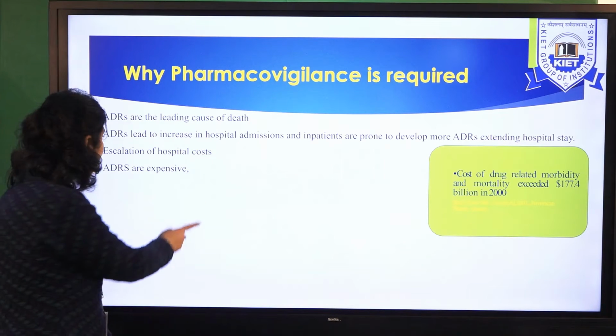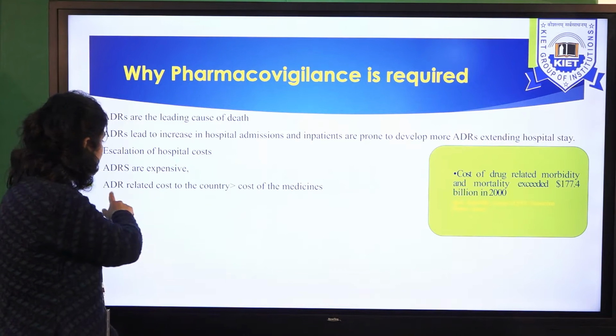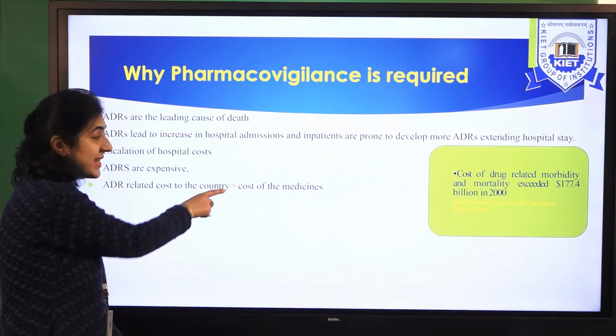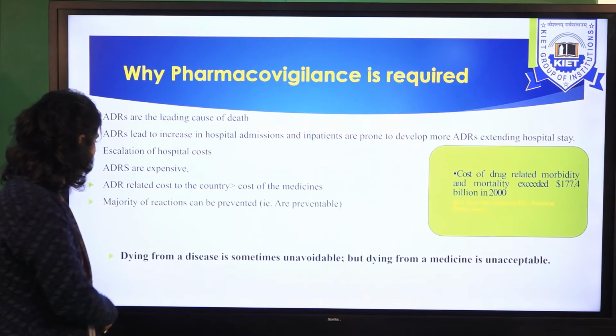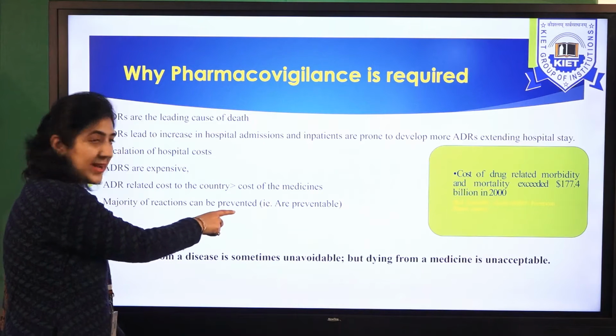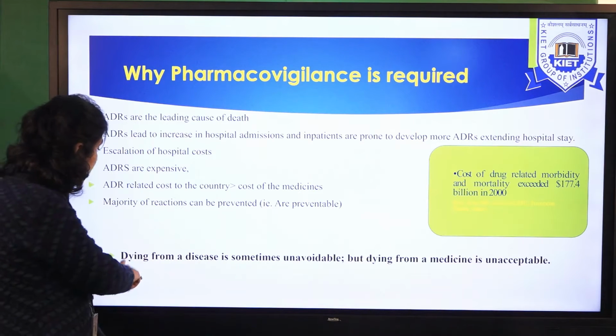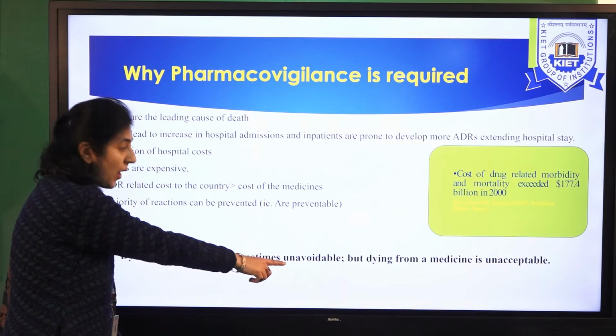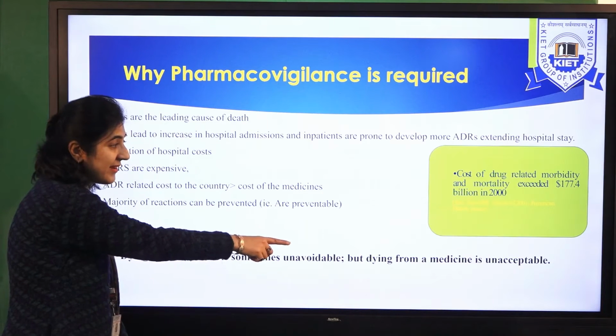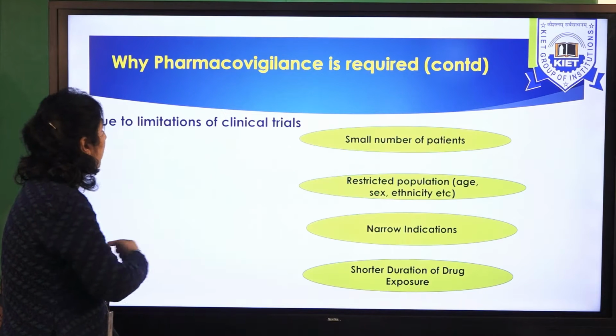ADRs are very expensive, because ADR-related cost to the country has exceeded the cost of the medicines. The majority of reactions can be prevented. That means they are preventable. As we normally say, dying from a disease is sometimes unavoidable, but dying from a medicine is totally unacceptable.